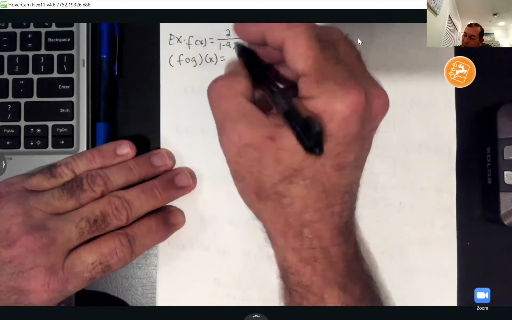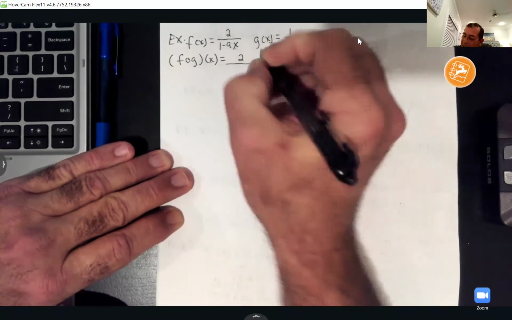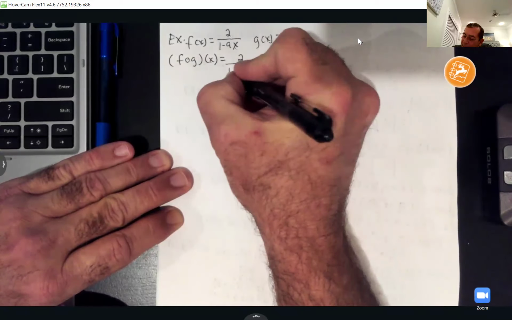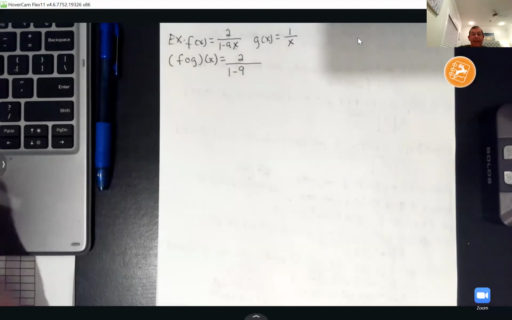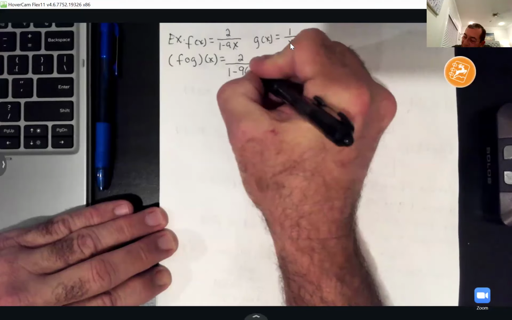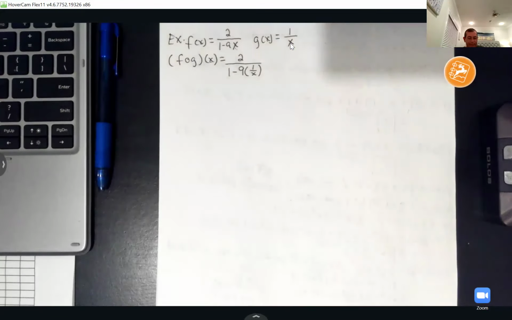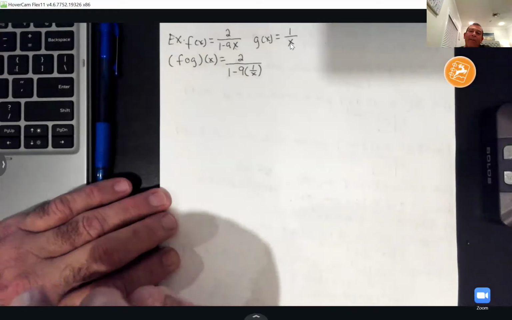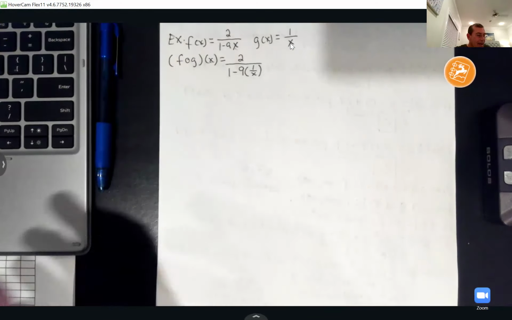All right, so that's going to look like 2 divided by 1 minus 9 times x. But remember, x is 1 over x. Alrighty, so now we're going to play with simplifying this thing.